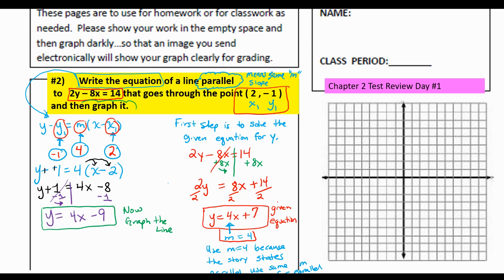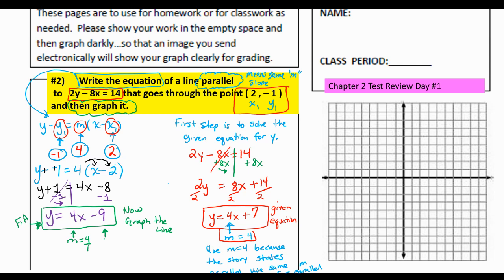So make sure you read through the whole directions. It says at the top, write the equation of a line parallel. So we got that part. That's the equation of the line, y equals 4x minus 9. And then it says to graph it. So here's our m. It's 4 over 1.